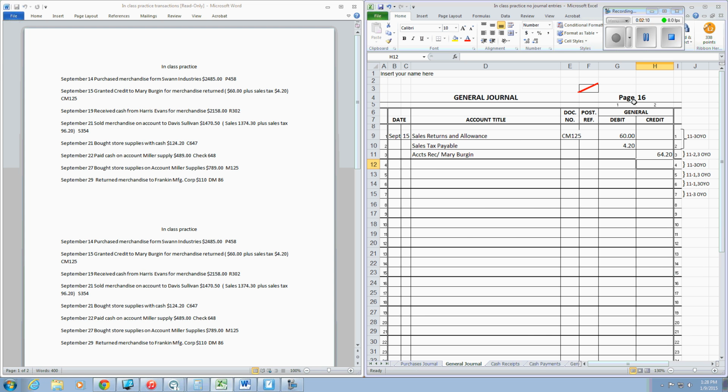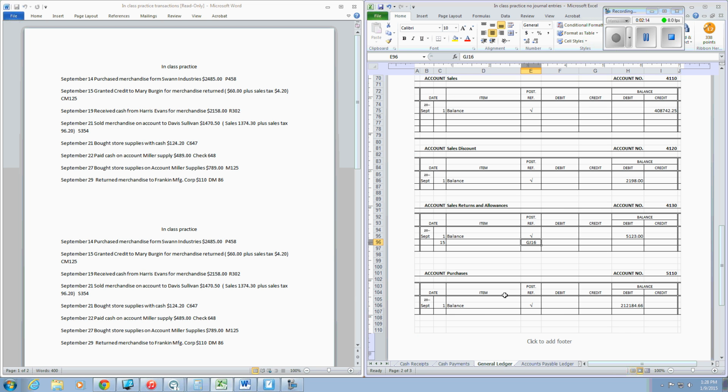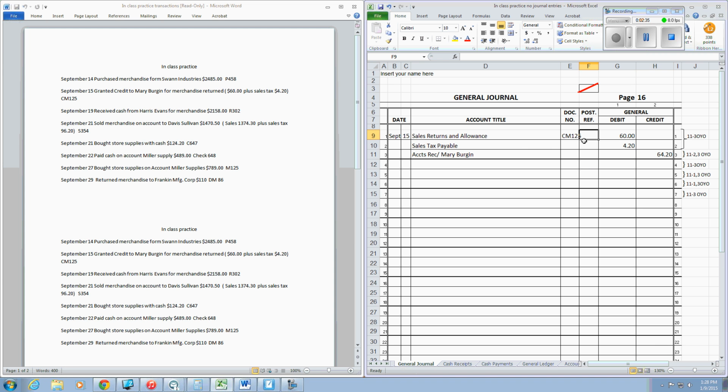That's General Journal, page 16. And then we're going to debit that amount for the $60 that we have to return. And we're going to add that, equals this plus this. It's going to give us a new balance. We're going to take that 4130 and go back to the general journal. And we're going to write in there 4130.